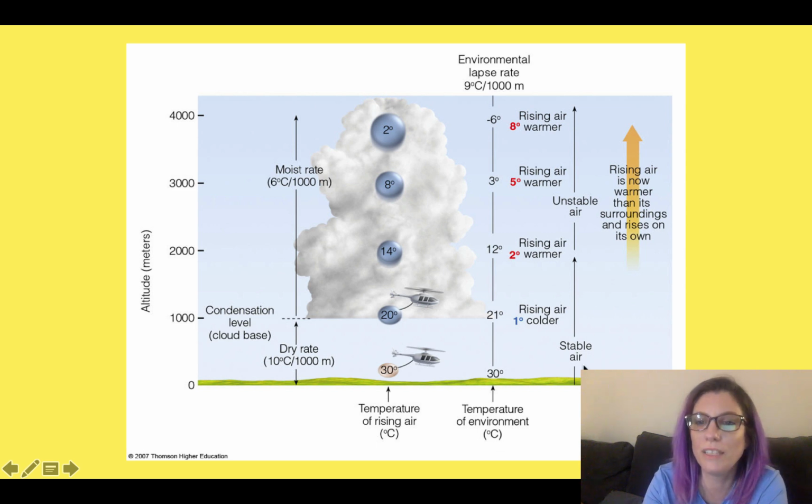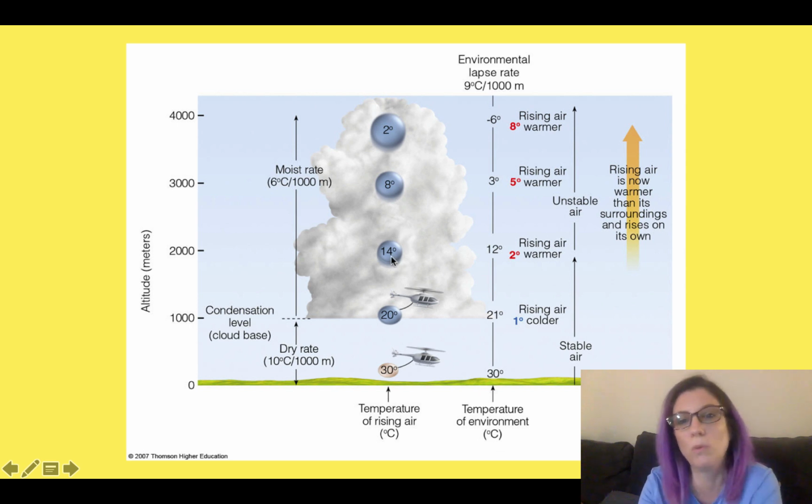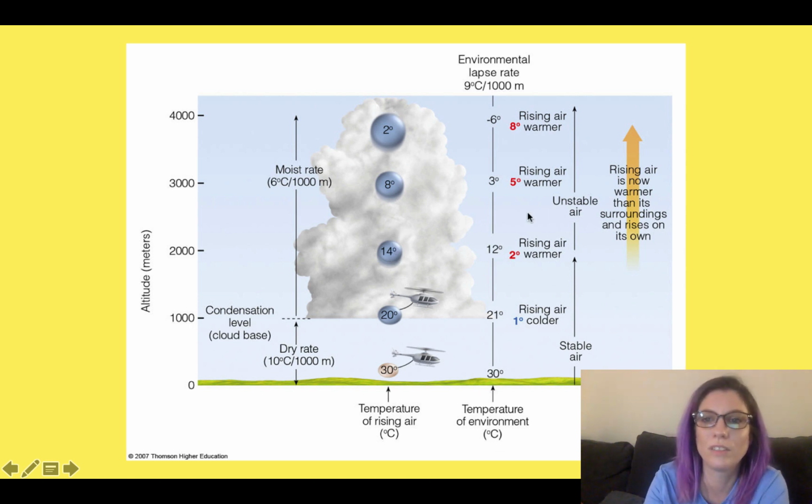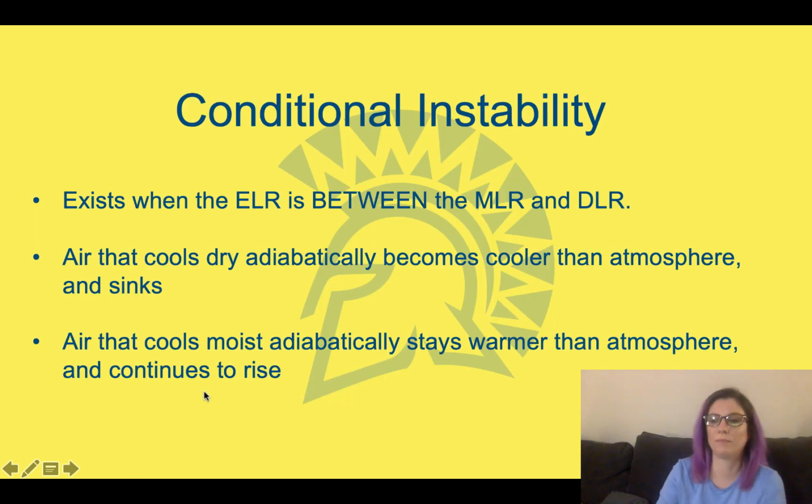That's where we're seeing that right here is stable air. It's going to keep wanting to go back down to where it started from until it hits about this point. And once it hits this point, it's actually going to be warmer than the outside air, and then it doesn't want to rise on its own. So at this point is when we have unstable air. So this is a situation of conditional instability.